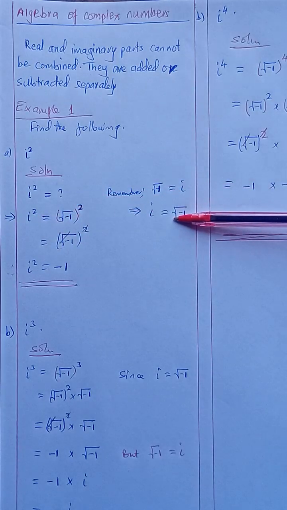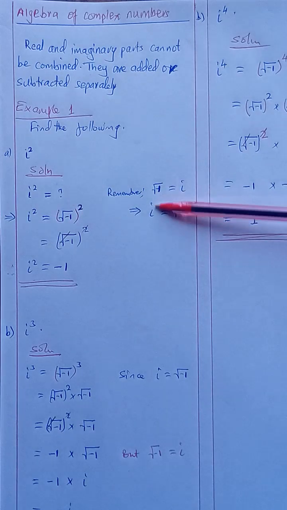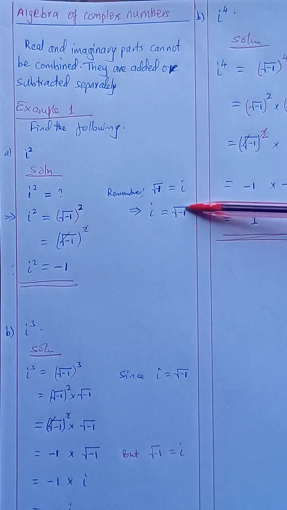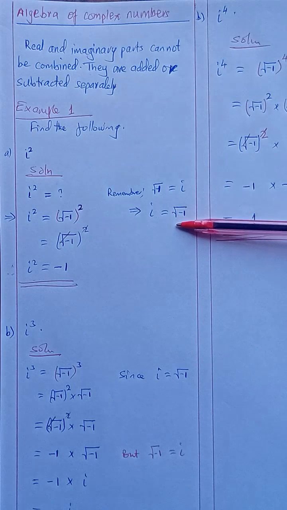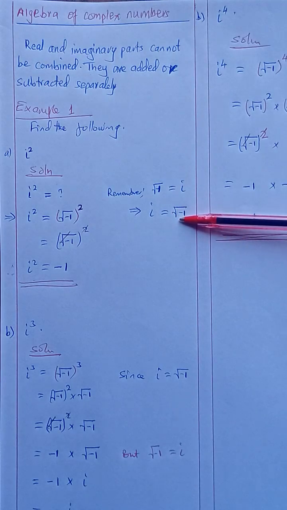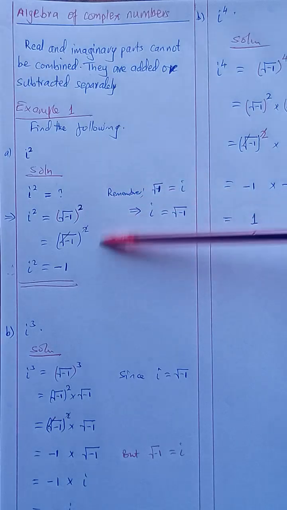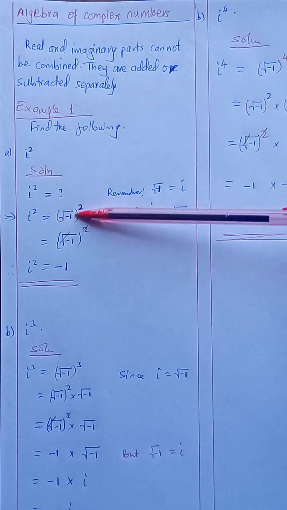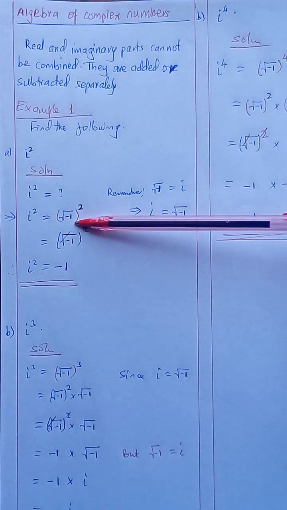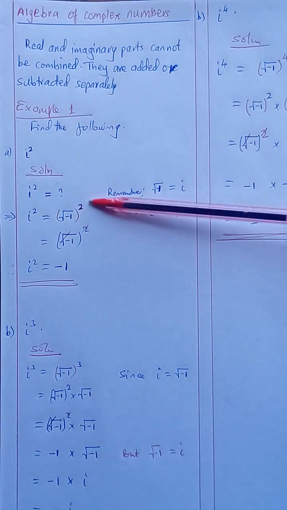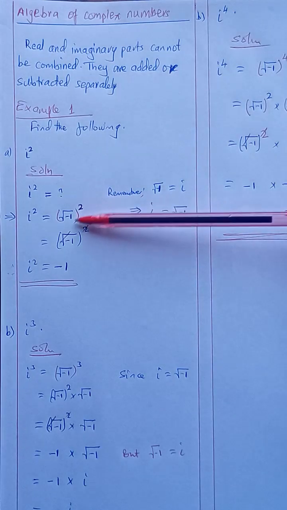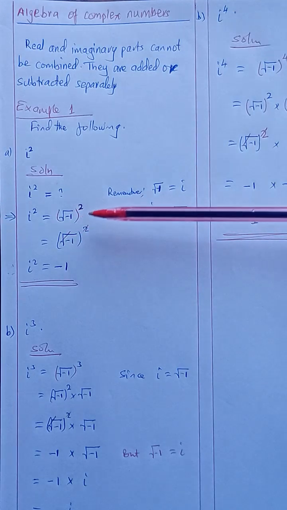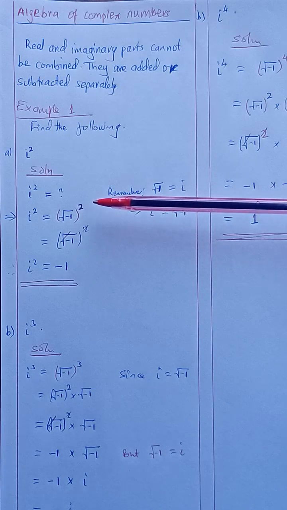Similar to this one, because here i is not having a power, or it is under power silent one, this side also has the power of silent one. So now, since i squared has power 2, when it is expressed in terms of root, it should also have power 2. But you are aware that square root means to power a half. When you multiply a half by 2, you get 1.